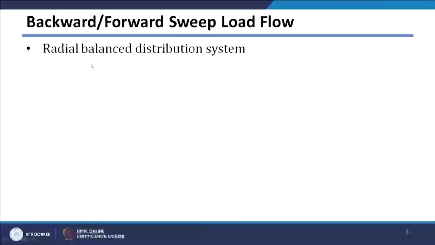Let us say your distribution system is like this. There are various buses, and there is one branch here: bus numbers 1, 2, 3, 4, 5, and this is bus number 6. Bus 1 voltage is fixed at, say, Vs angle 0 degrees.